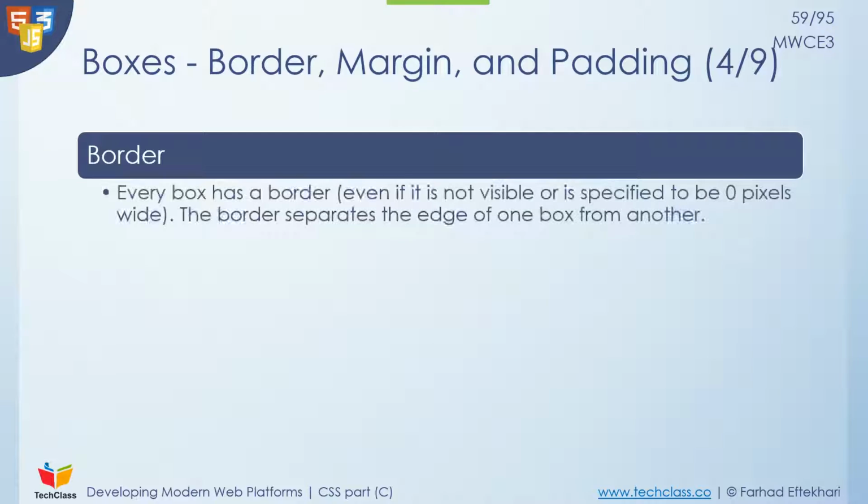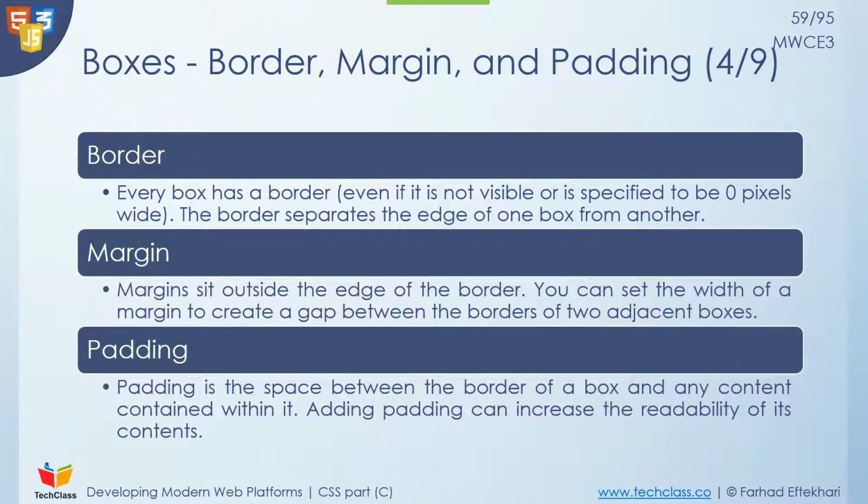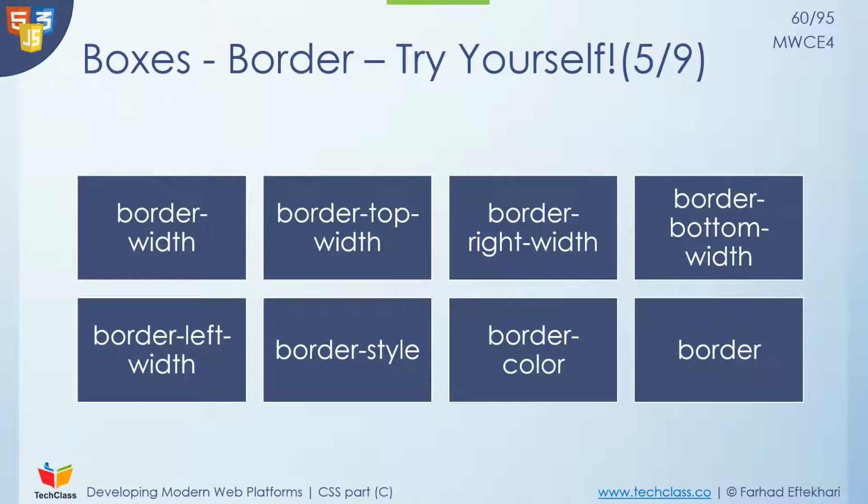And also we have border, margin, padding that you can also use. Very interesting and practical. And here also some properties for assigning border style, border size, and border color.